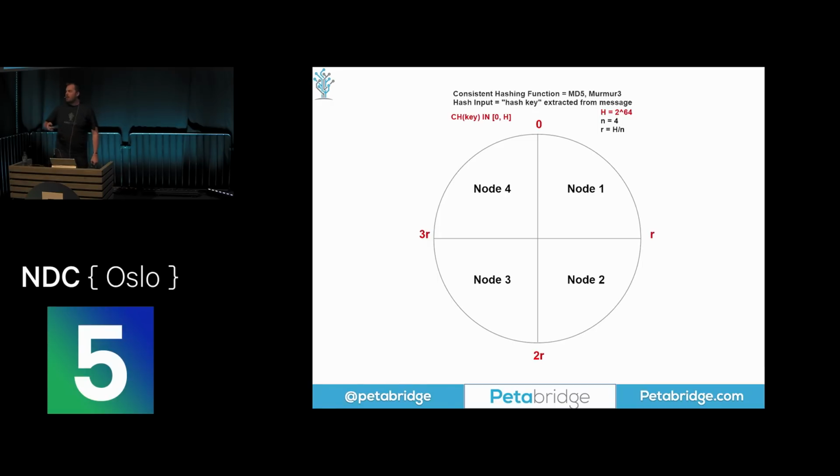Well, I can carve up that hash range into pie slices, where node 1 owns the first pie slice, node 2 owns the second, node 3 owns the third, and you get the idea, right? We can redivide this pie however many times we need, depending upon how many nodes there are inside our network that can host this type of entity.